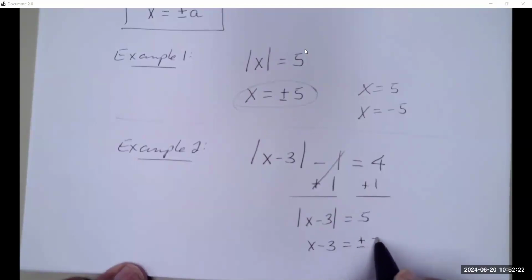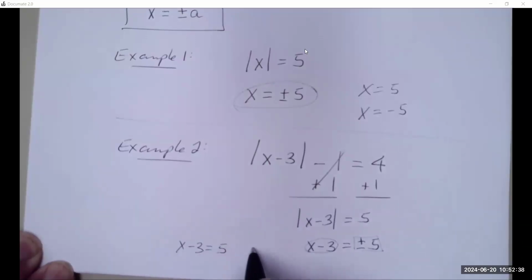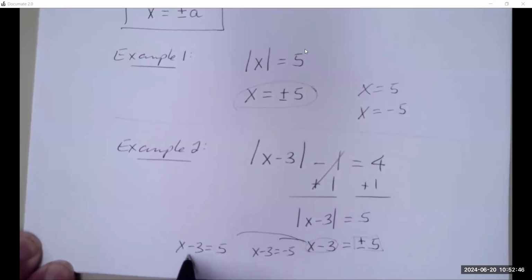I have to put a plus or minus in front of the answer, which means now I have to take this equation and set it equal to both of those. So I have x minus 3 is equal to positive 5, and x minus 3 is equal to -5. So I add 3 to both sides. So x is equal to 8 and x is equal to -2.